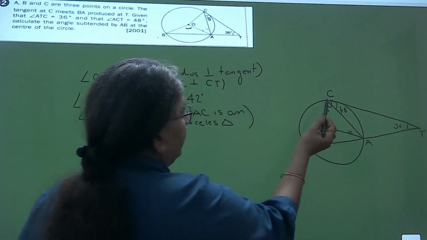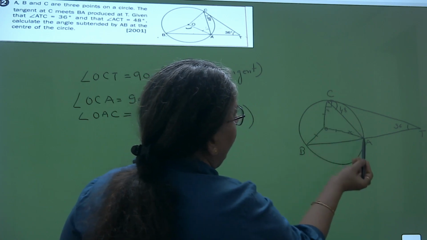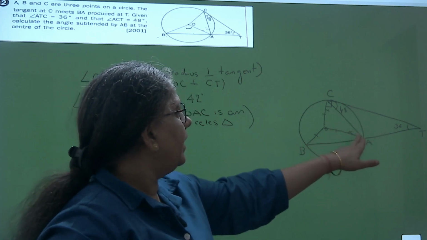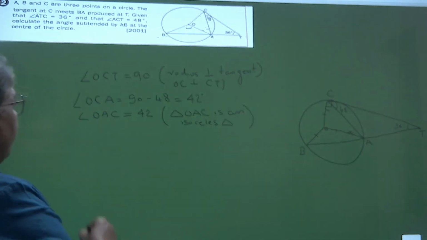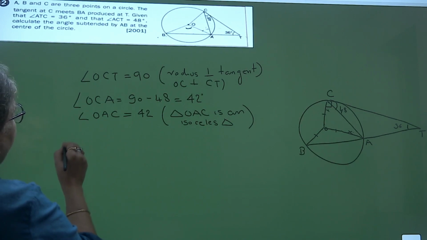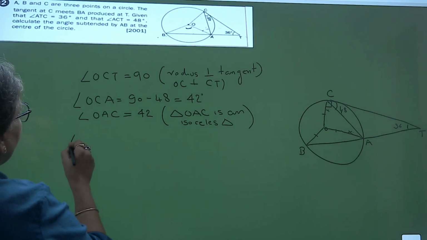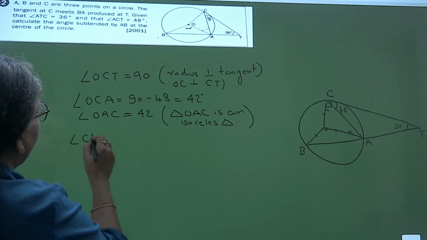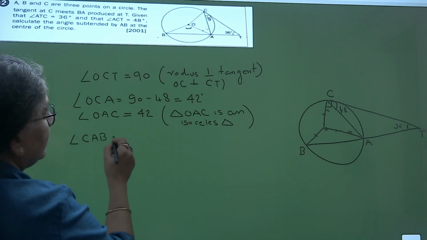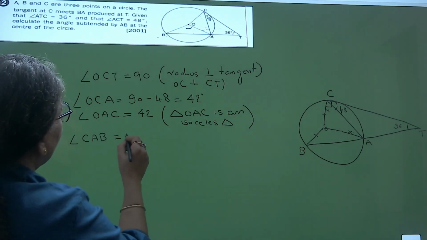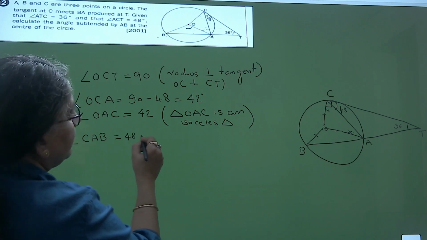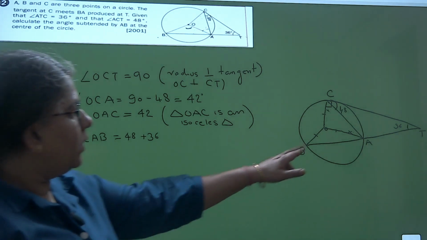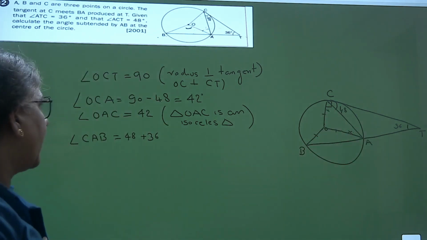Now here we see that angle CAB is an exterior angle to the triangle ACT. So I can write angle CAB is equal to 48 plus 36 degrees. Exterior angle is equal to the sum of two interior opposite angles.